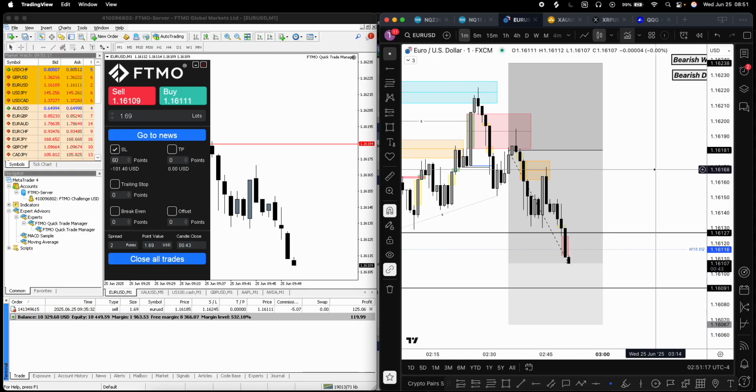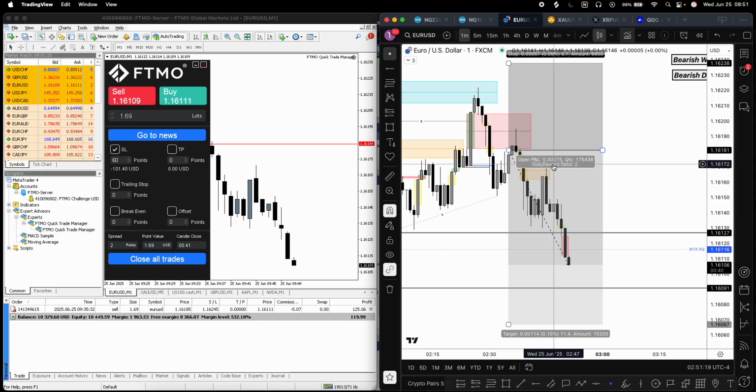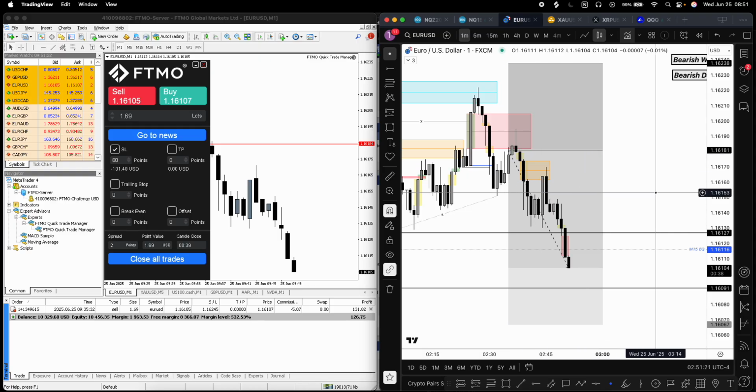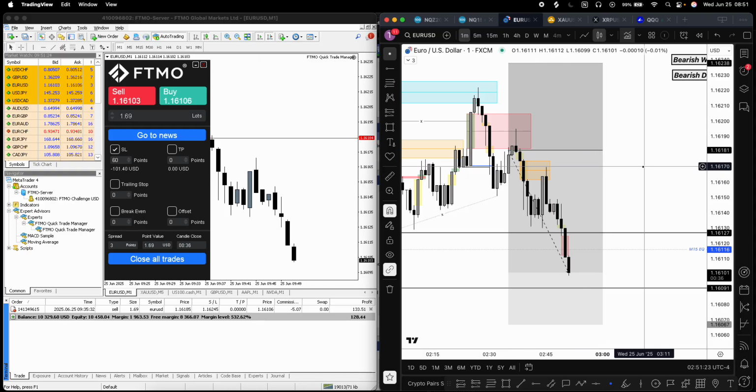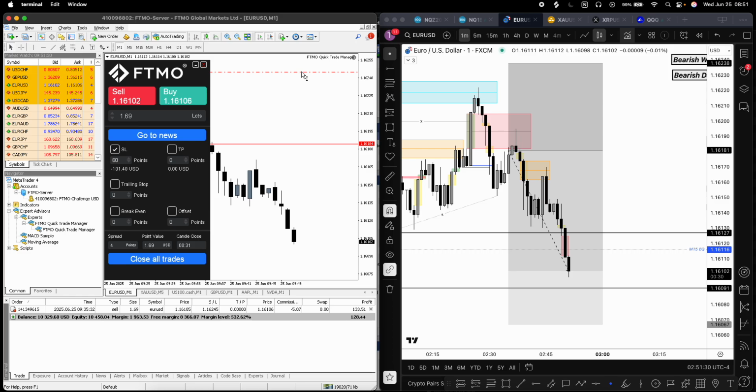Considering moving my stop loss to this high over here, because price reacted to that FVG over there. For now, do that. So that means we've locked in $22 profit.